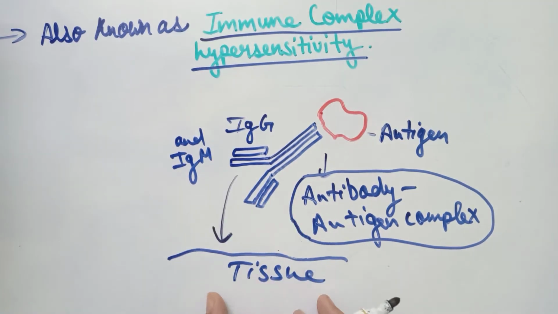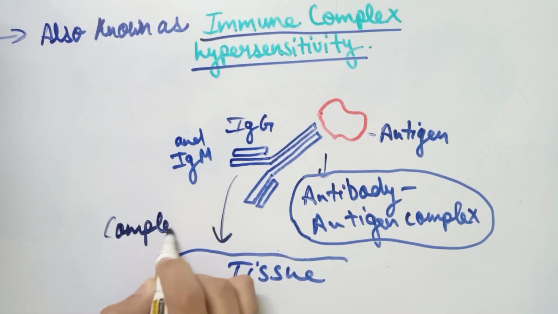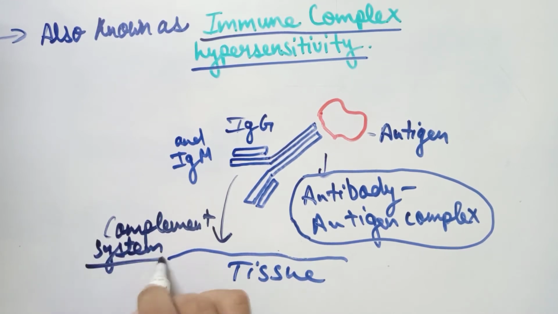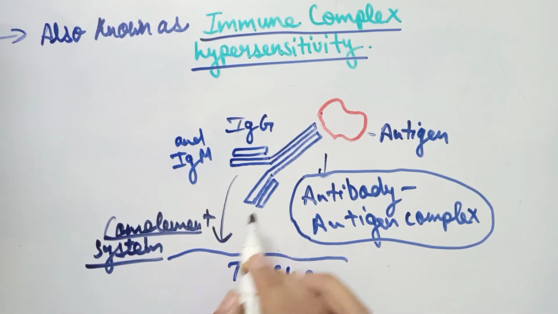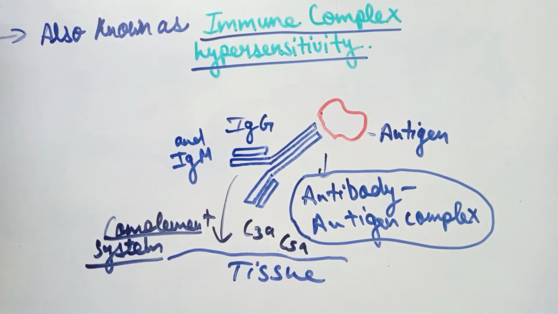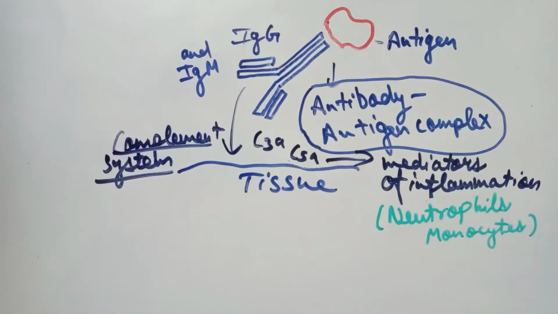The tissue deposited complexes activate the complement system, and this complement system in turn forms certain complement fragments, for example C3a and C5a, and these complement fragments attract certain mediators of inflammation. Mediators of inflammation means the cells that cause inflammation in the body, and these cells are basically neutrophils and monocytes.